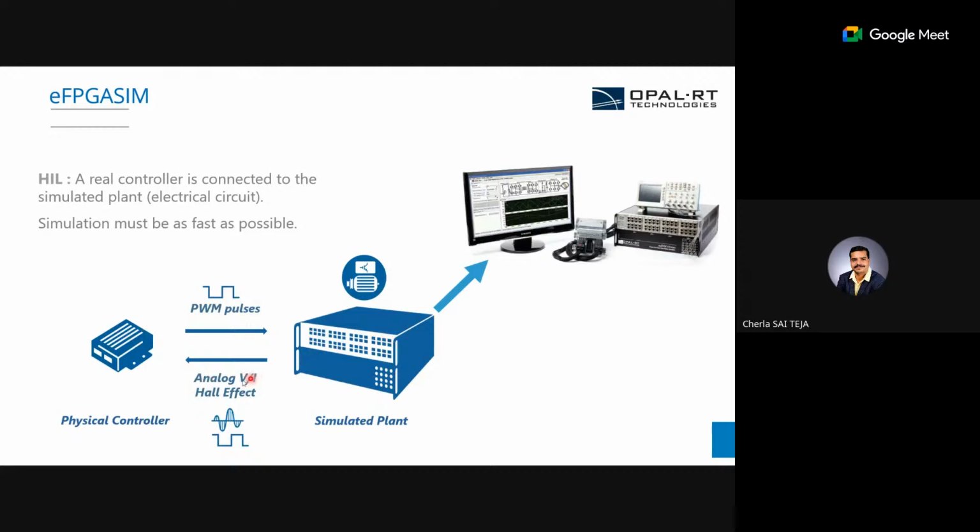That is the analog voltage or current feedback, along with the speed feedback. You can have a Hall effect based sensor or encoder for sensing the actual speed of the motor. In order for the controller to generate high switching frequencies, this feedback should be provided in an appropriate time.